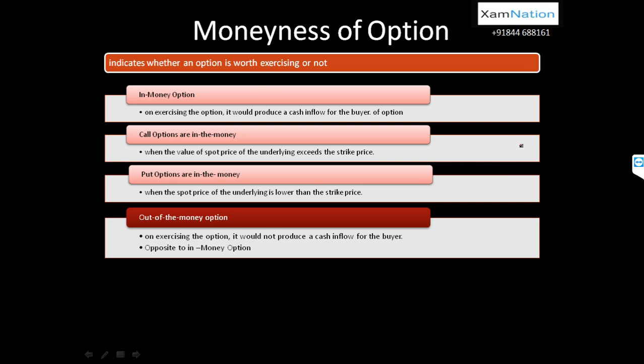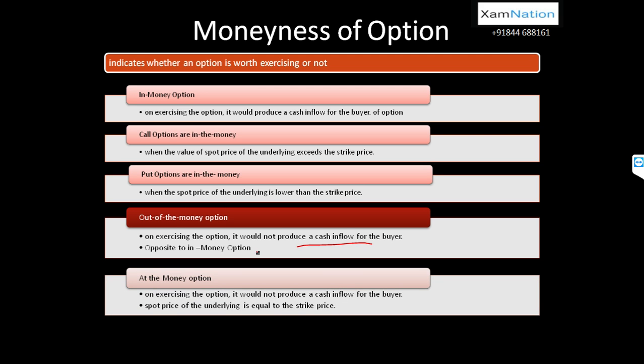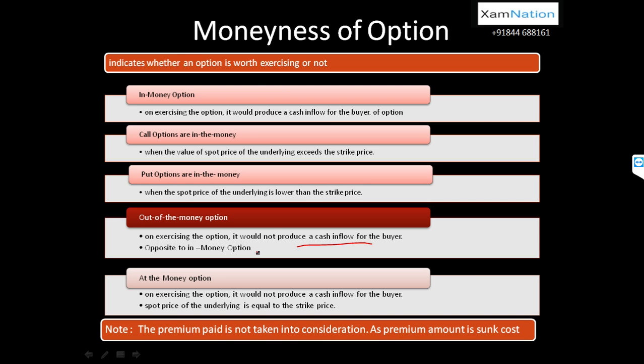So on exercise it will not produce a cash inflow, but it will also not produce a cash outflow, because he will not exercise the option. At the money option is where the spot price and the strike price are at the same level. Then there is no sense in exercising the option because there is neither a profit nor a loss. So this is the moneyness of an option.